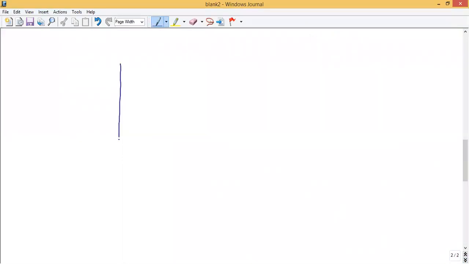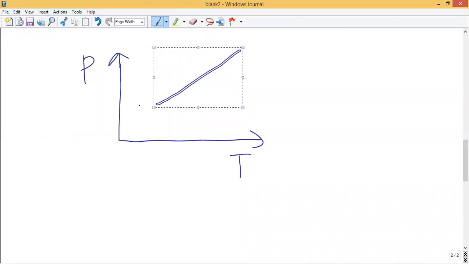In that state, if we graph temperature and pressure, we can say that there are three states.